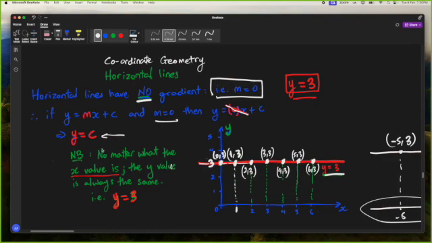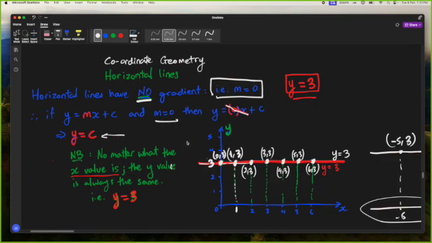So we have an example here. This is a horizontal line. The red line, and I'm sorry for all of the points that I've jotted all over, is the line y is equal to 3.